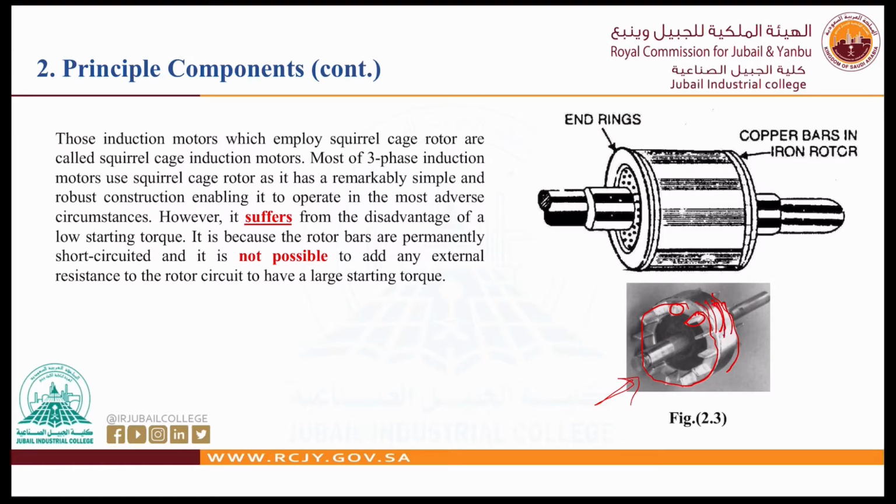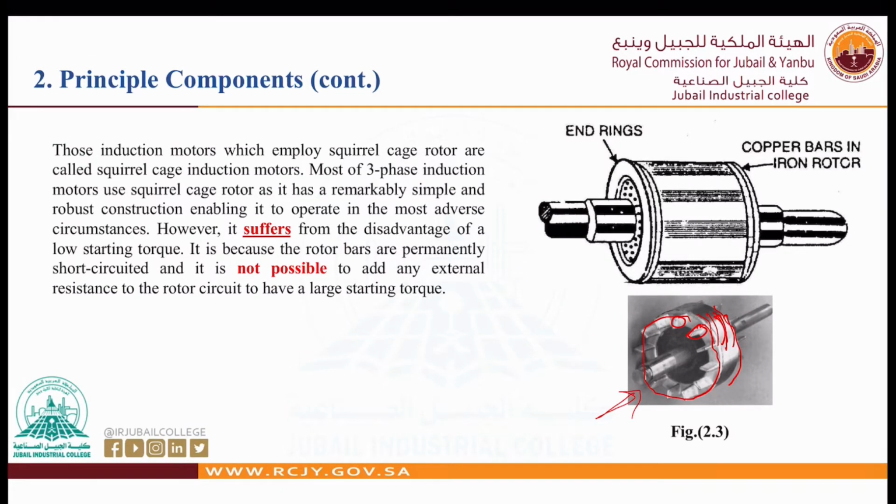So we have sheets together, laminated from each other to remove the eddy current, as we explained. Most three-phase induction motors use a squirrel cage rotor as it has a remarkably simple construction, enabling it to operate in most adverse circumstances.